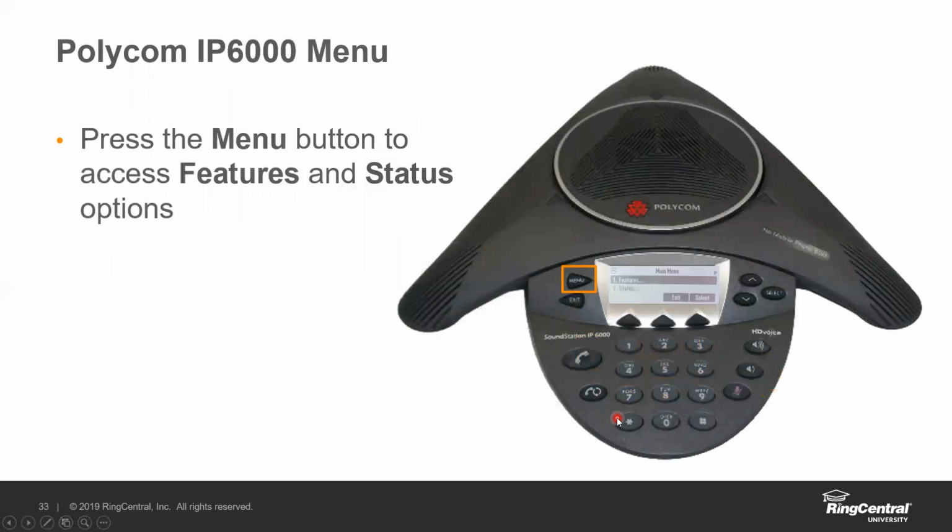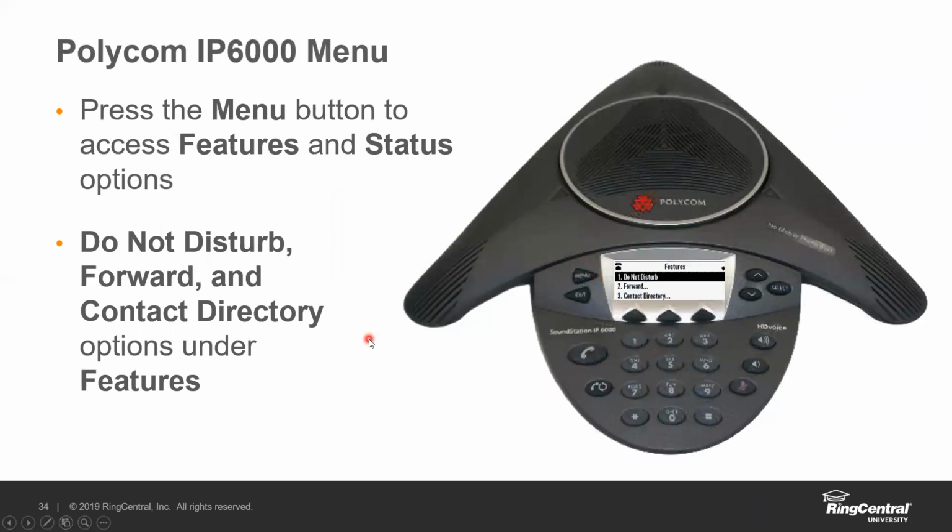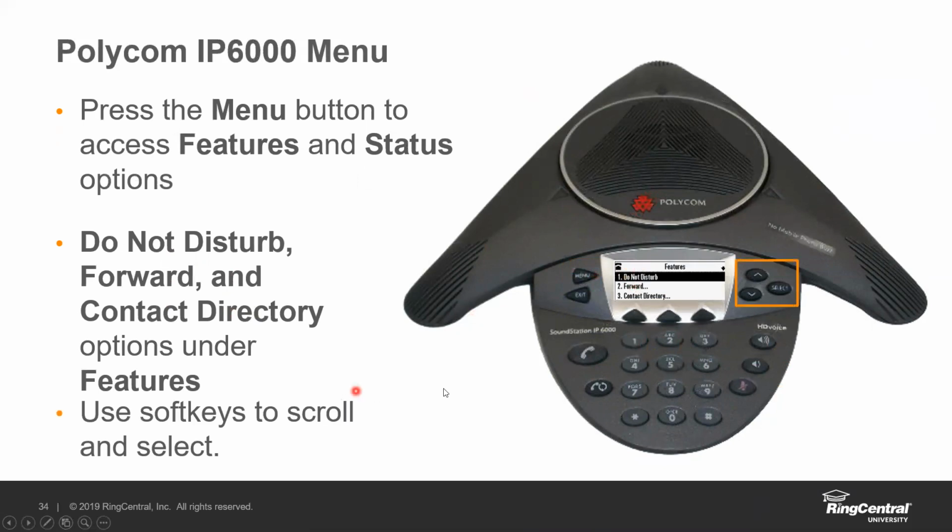With this one, the key thing to remember as your starting point is to go to menu, and that will allow you to access features and then status options. So you have do not disturb, forward, and your contact directory. Those are found under features. So again, you would go to menu, then go down the features path. You can use the soft keys here to scroll and select those.